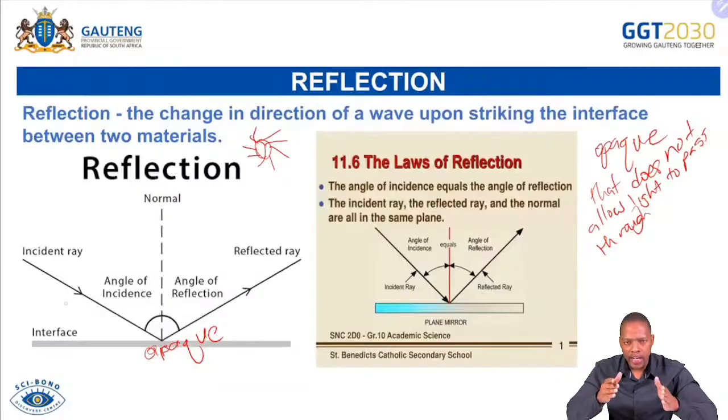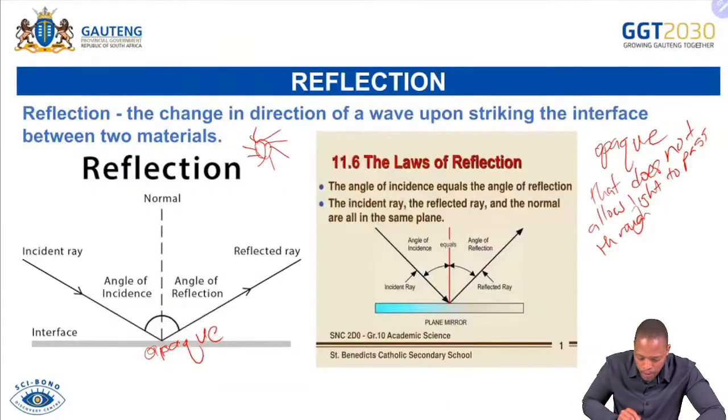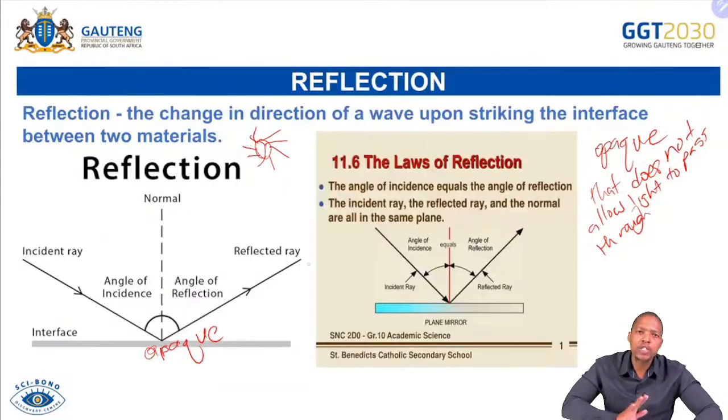Okay, and then we say, what if we only look at one light ray and it was to approach this interface or this material here that does not allow light to pass through? What will happen to the light ray? And we find that the light ray will come in, approach, and hit the interface between the two materials, and it will change direction such that it is bouncing almost as if it bounces back.